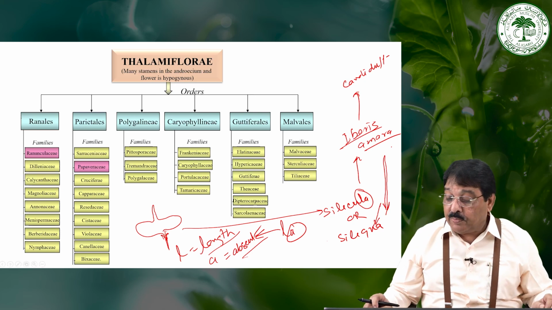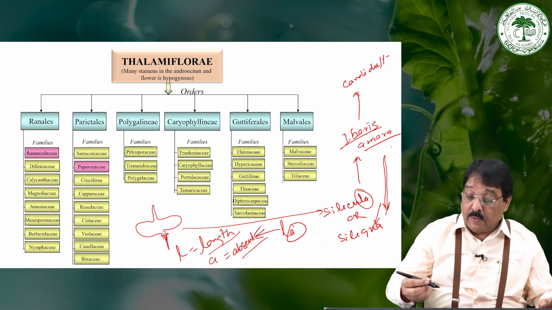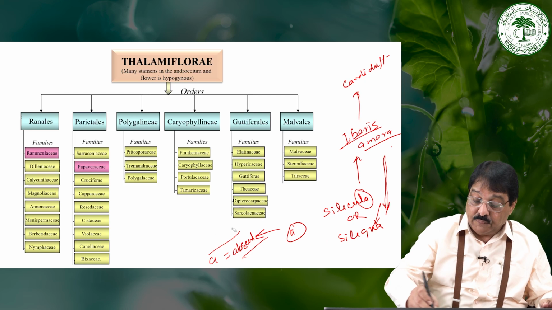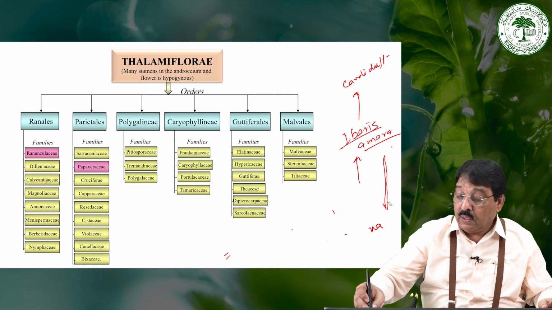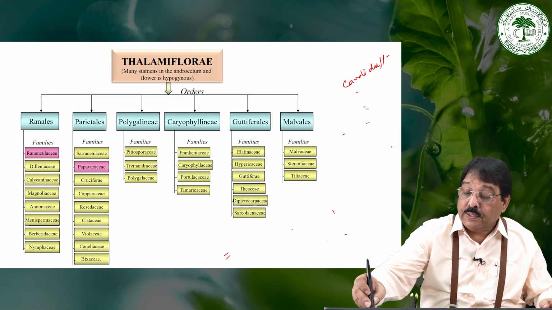That is the difference between the silicula and siliqua. So this character is the most important for the identification point of view in case of the Cruciferae.